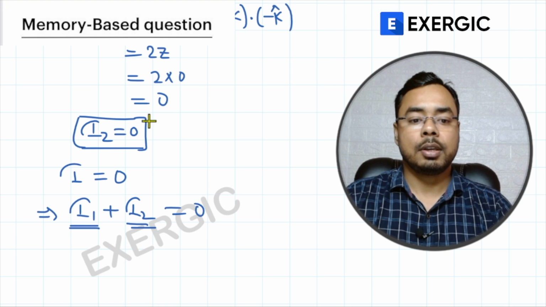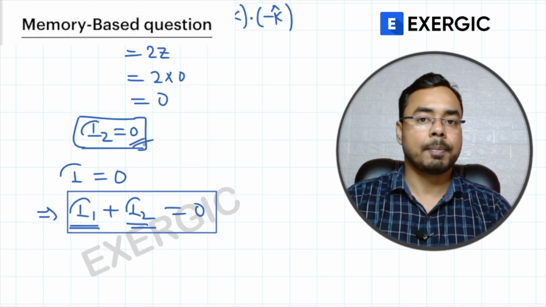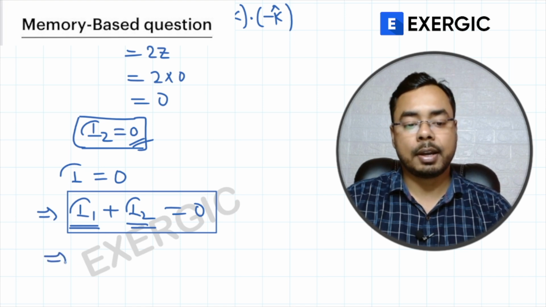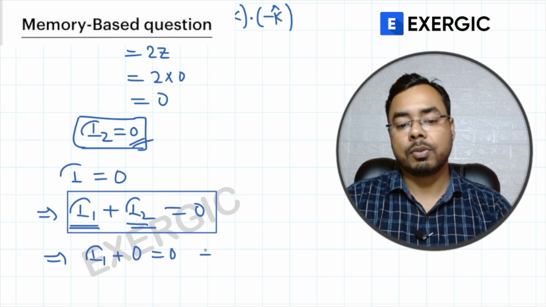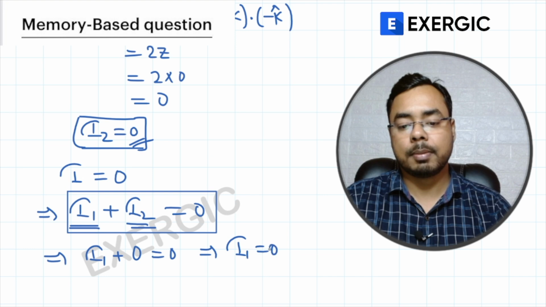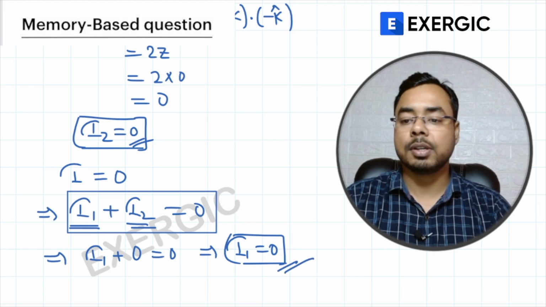I2 is known to us, the value of the integral over the circular base. Now if I2 is 0, then I1 plus I2 is 0, and from here you can see that I1 will be 0. So the value of the surface integral over the curved surface of the cone will also be 0.